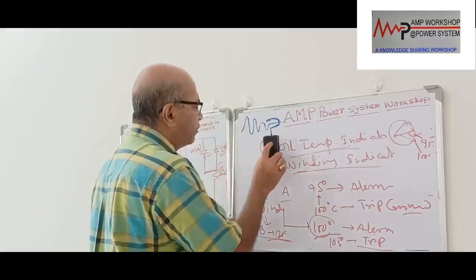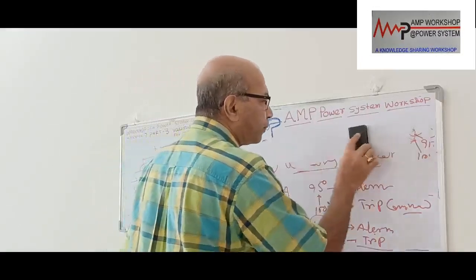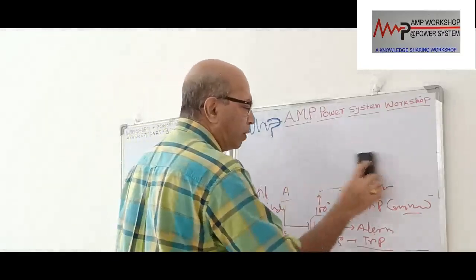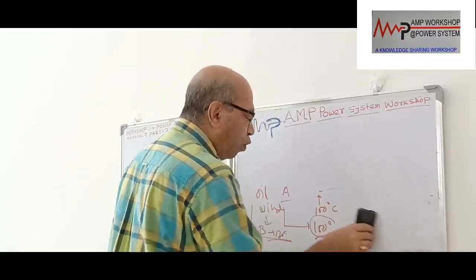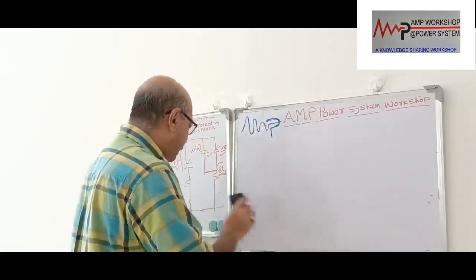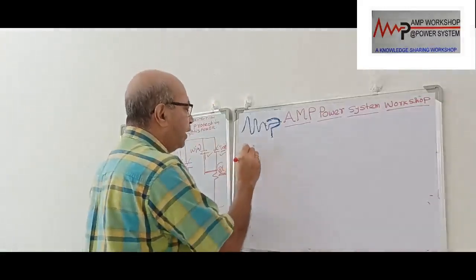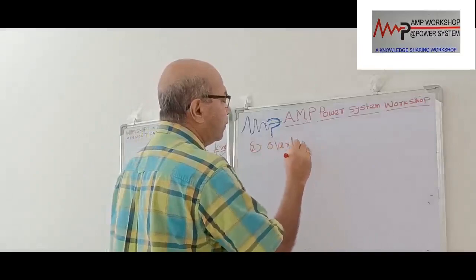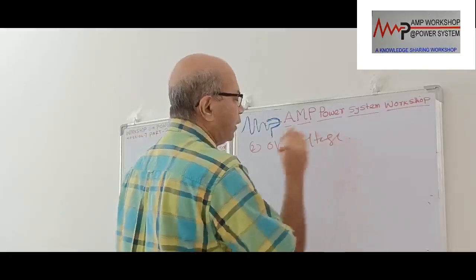The second point we have said is the transformer abnormal operating condition, which is the over voltage operating condition. The first point was overloading; the second point is over voltage operation of the transformer.